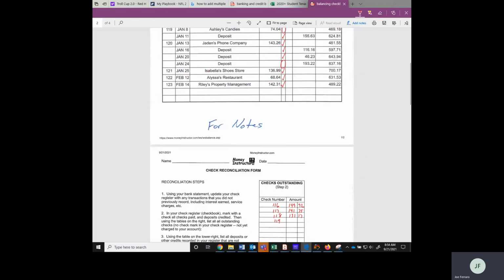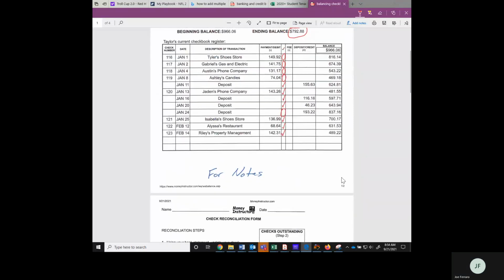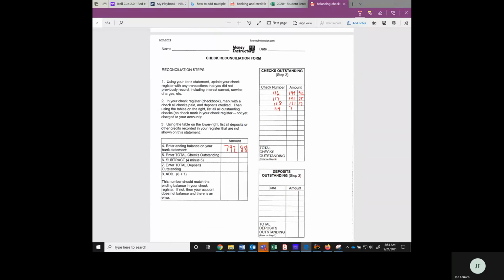And 74.04. Then we're going to add all those up. I've already done this, but you would take your calculator and add those up. It's 496.88. It says enter that over here. So that's the amount of checks that you've written that haven't showed up in the bank statement yet.